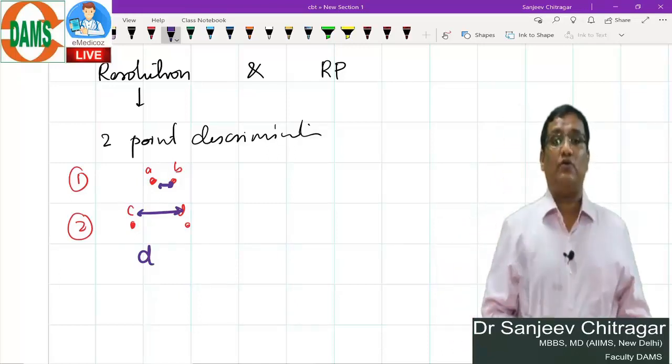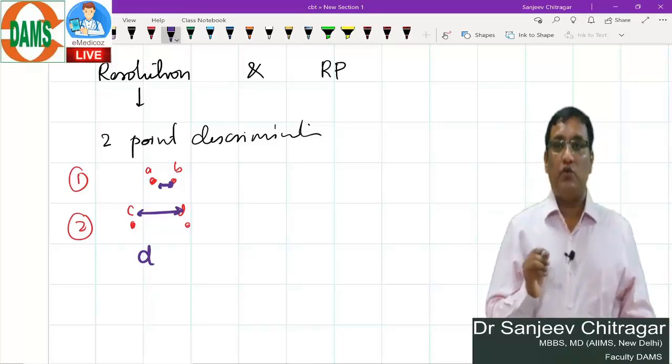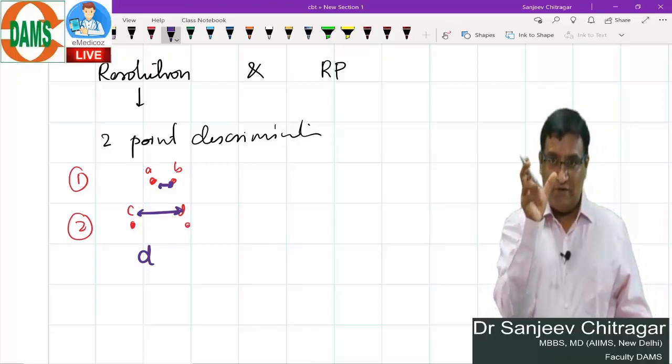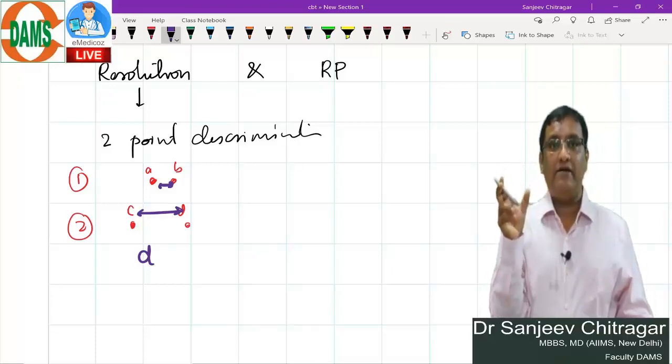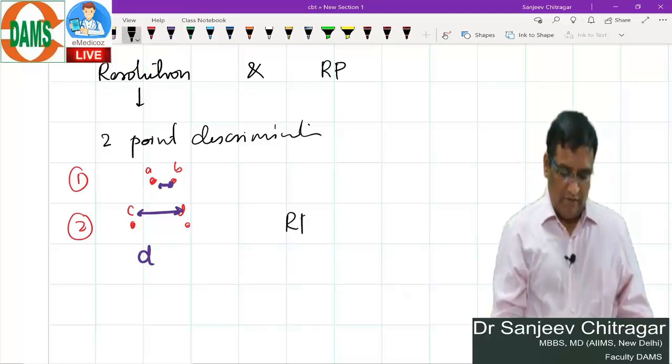So the first microscope is better, by the way. So resolution is the distance between the two objects which can be separated by an objective lens. Now resolving power is inversely proportional to D.